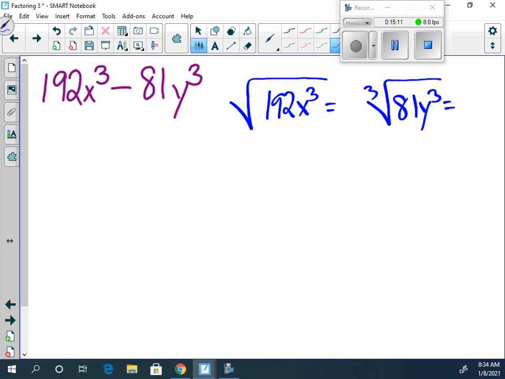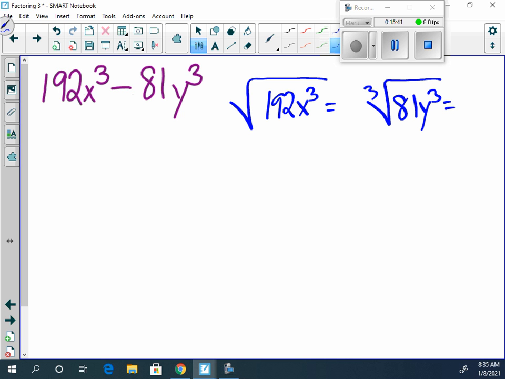So let's see here. Can we take the cubed root of 192? Cubed root of 192. So on the graphing calculator, if you want to take a cubed root, you can do math, and you can scroll down.